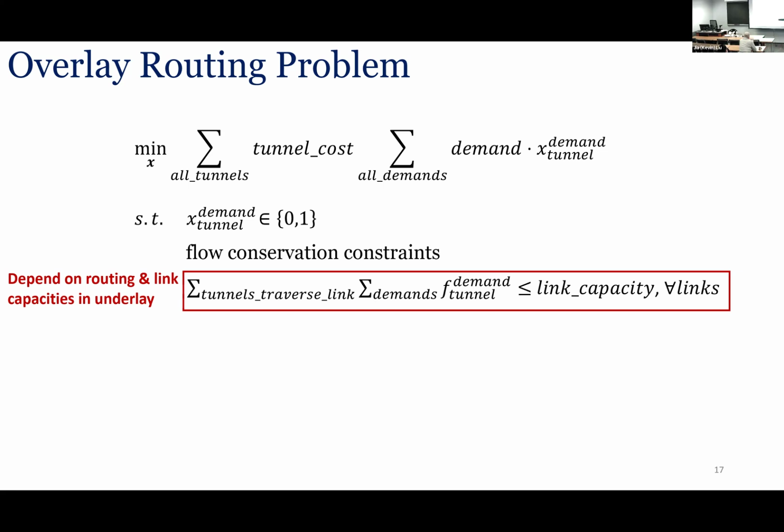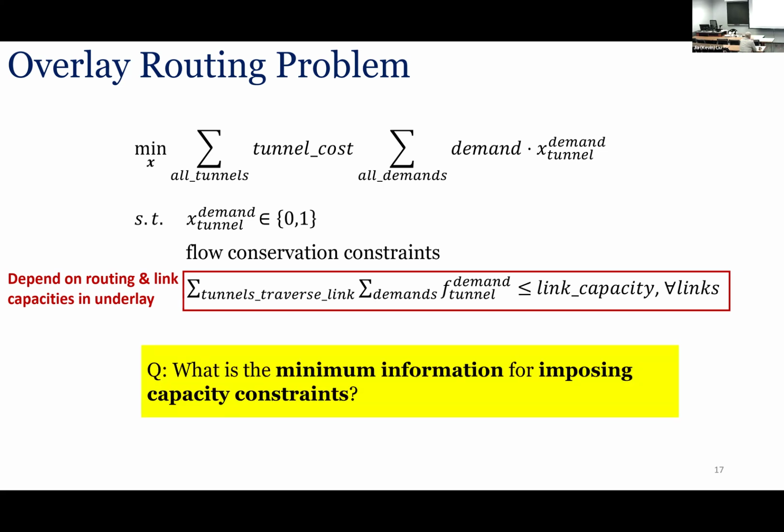Specifically, this information about how the tunnels are routed through the underlay, that's effectively asking about the routing topology of the underlay. That's topology inference. And also you need to know the underlay link capacities.